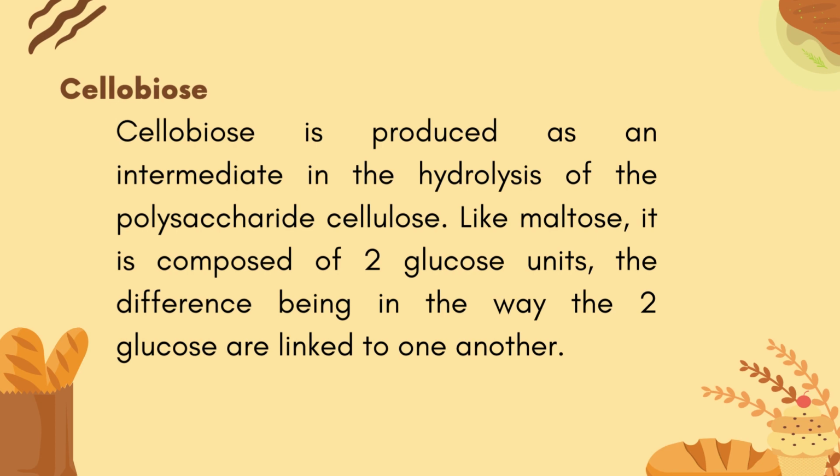So again, maltose is produced when starch is broken down, cellobiose when cellulose is broken down. Starch and cellulose are both polysaccharides. Like maltose, cellobiose also has two glucose units. They differ only in the way these glucose units are bonded or linked to one another.